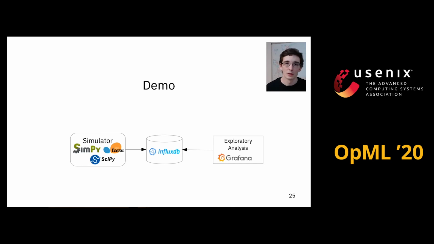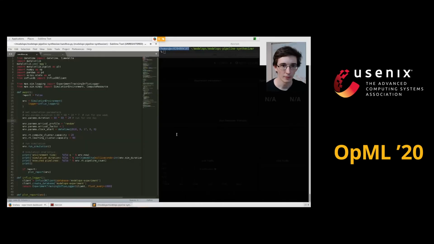I want to give you a quick demo of the simulator and what we have so far. So our simulator is built with SymPy and integrates nicely with Python's ecosystem of data science tools. Here you can see the definition of an experiment.